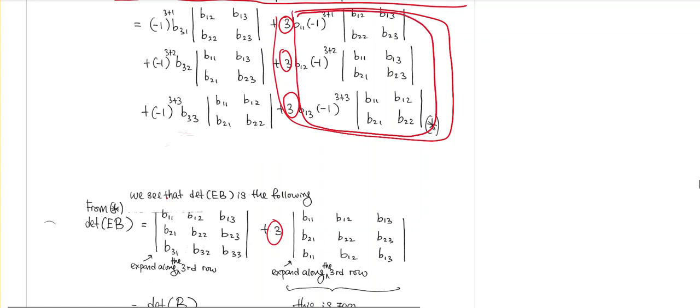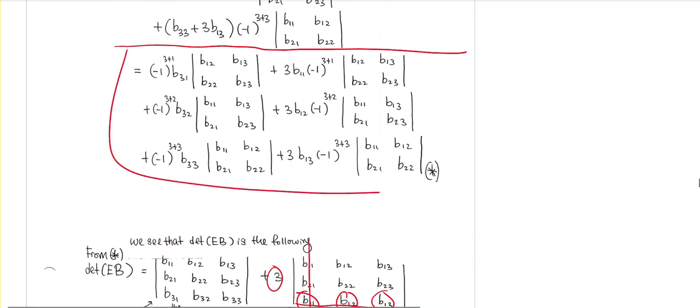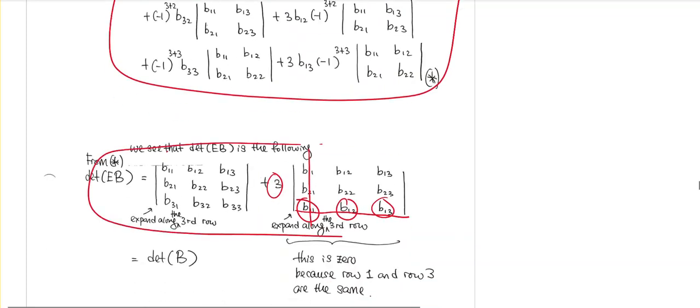This is actually the determinant of this matrix if you expand along the third row. So from here, I don't really have to multiply all the B out. You can see that this whole thing here is actually this.